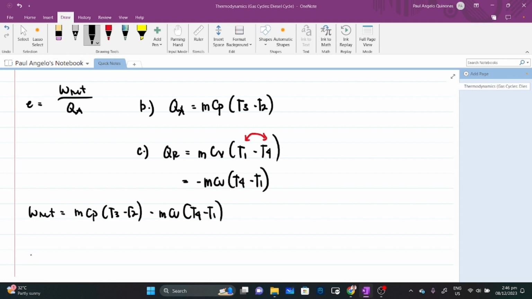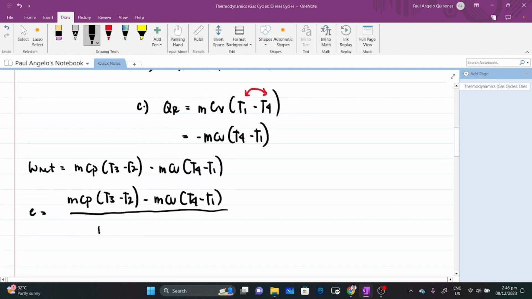Efficiency is equal to work net over QA: m CP times T3 minus T2, minus m CV times T4 minus T1, over m CP times T3 minus T2. As you can see, in the numerator, we have two separate terms sharing the same denominator.